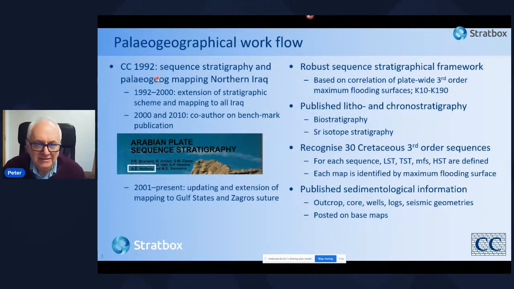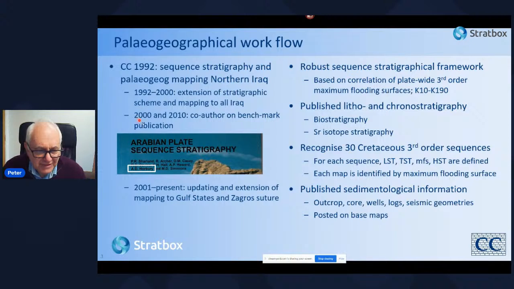In the early 1990s, Cambridge Carbonates was involved in a sequence stratigraphic study and paleogeographic mapping of the northern Iraq area. During this period, we extended this stratigraphic scheme and mapping to all of Iraq.